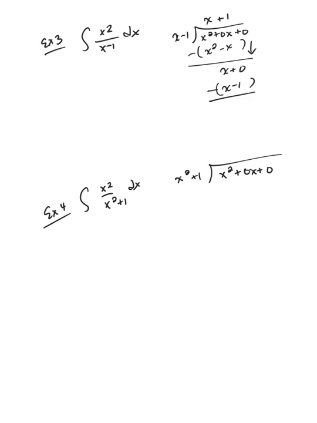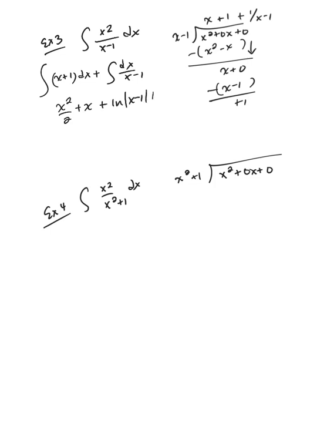So I get positive 1 as my remainder. So this is just the integral of x plus 1 dx plus dx over x minus 1. And so that just ends up being x squared over 2 plus x plus ln absolute value x minus 1 plus c.